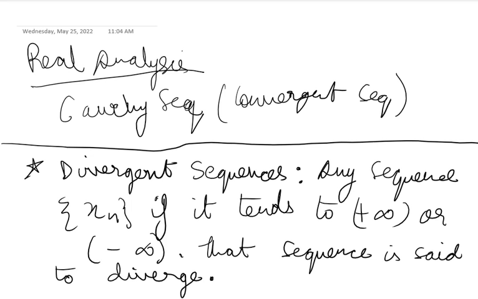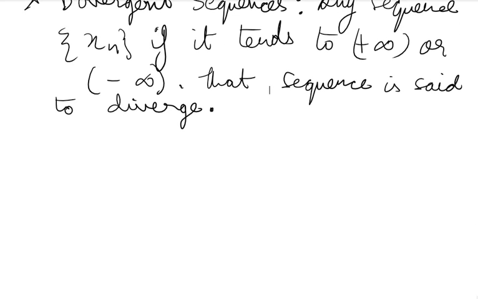So let me give you an example on this. This is how a divergent sequence will look. Say x of n is equal to n square.